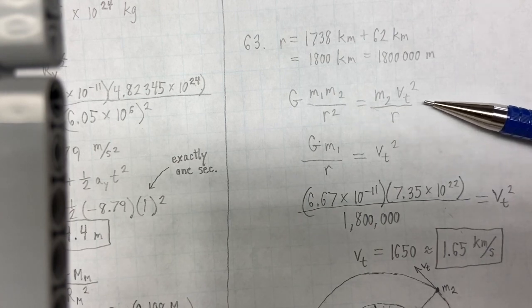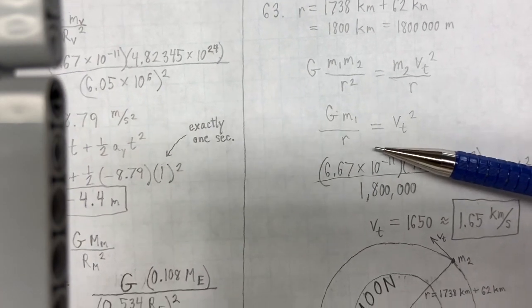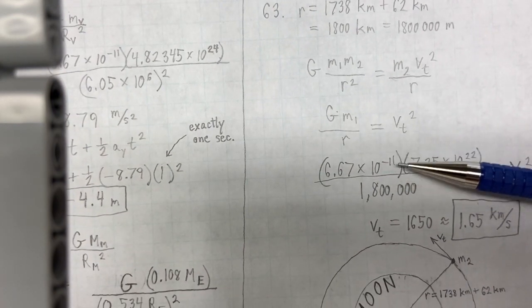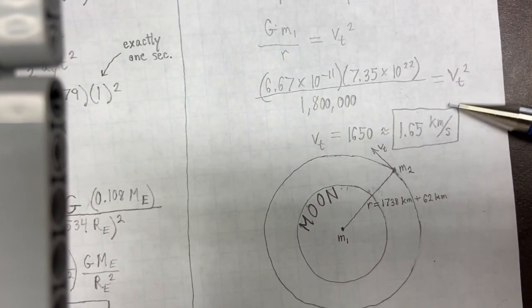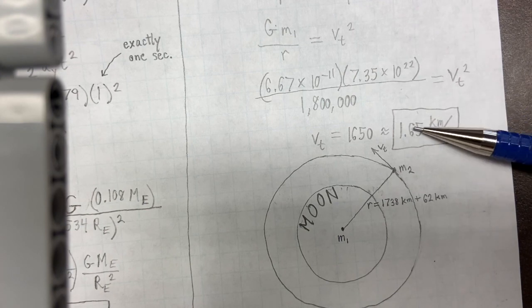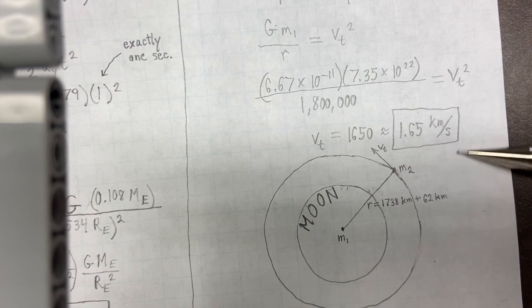Right side, we're talking about magnitude of centripetal force. And we can set them equal to each other. Now, canceling out, we get G m1 over r equals v_t squared. Plugging and chugging, we find v_t to be 1.65 kilometers per second.